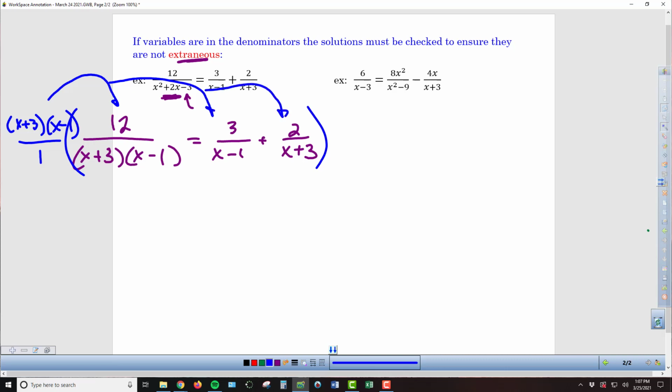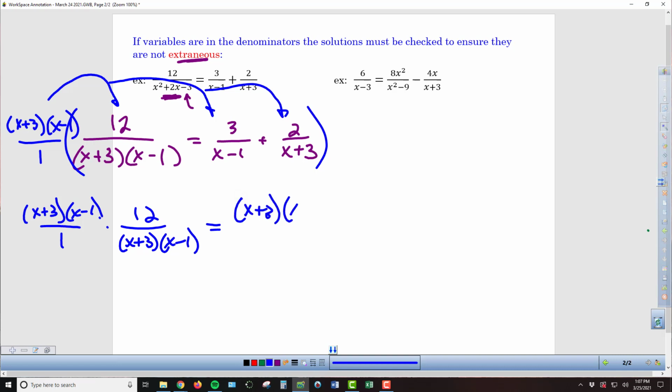So I've got x plus 3 times x minus 1 over 1 times 12 over x plus 3 times x minus 1. Then I've got my equal sign. I've got x plus 3 times x minus 1 over 1 times 3 over x minus 1. So I'm just multiplying that common denominator times the second fraction.